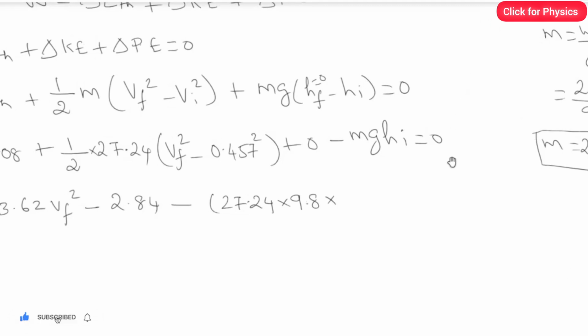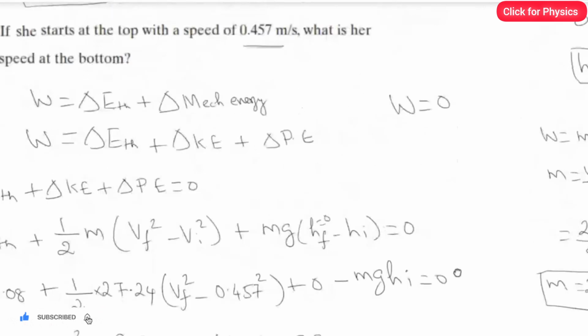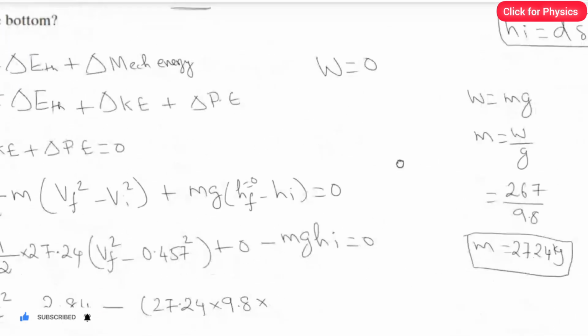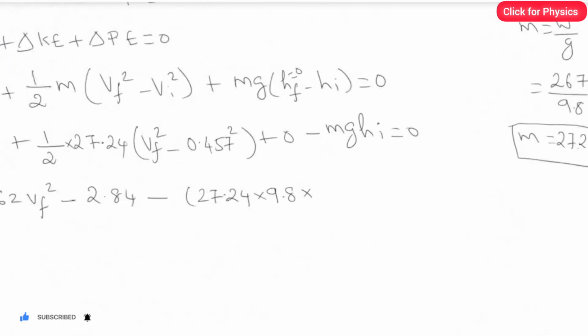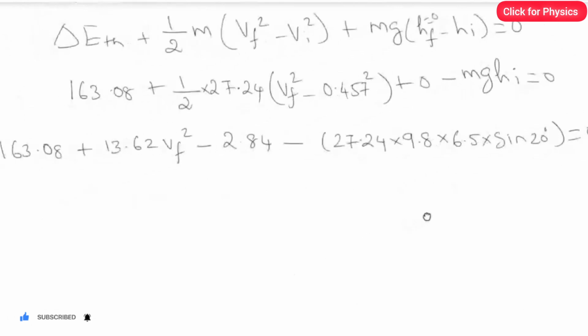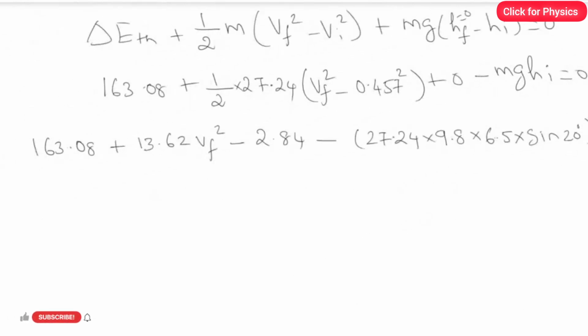Your HI value just before we found, which is d sine theta, right? So d sine theta. So what is the value of d? The d already they gave in the question, 6.5 multiplied by sine of the inclined angle, 20 degree, which is equal to 0. Clear? So now I am going to simplify all these.